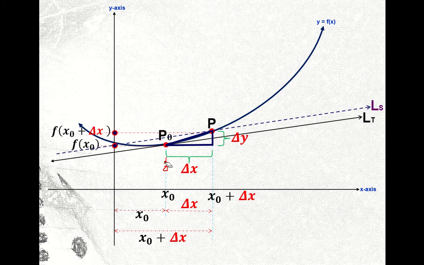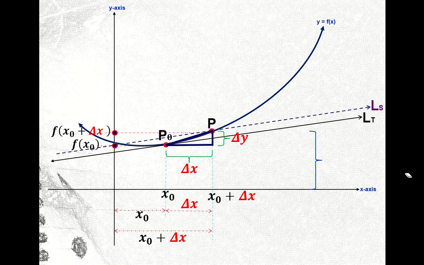I just want to clear this up. So this is our delta y and this is our delta x. From a right triangle, the slope is defined as the rise over run.